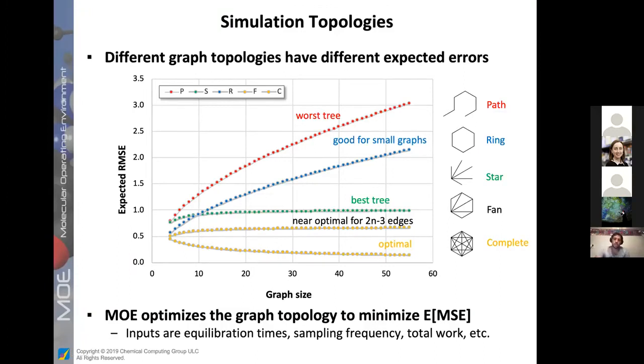Pre-calculated topology, which is often used, is the star topology, because you only have 1 step for each ligand in the graph. However, you have no error correction potential. So what we first used was the fan topology, which allows basically for pre-calculated topology, which is near optimal for the simulation resources, and you have cycle closure for all the ligands in the system.